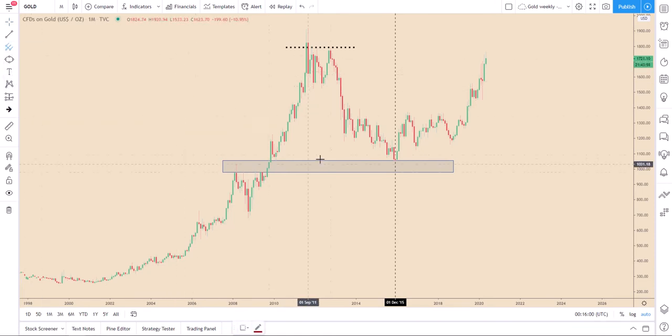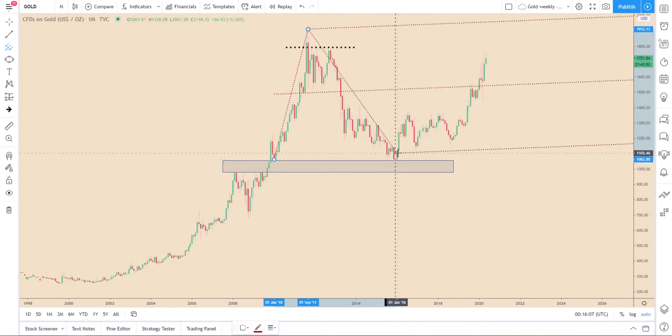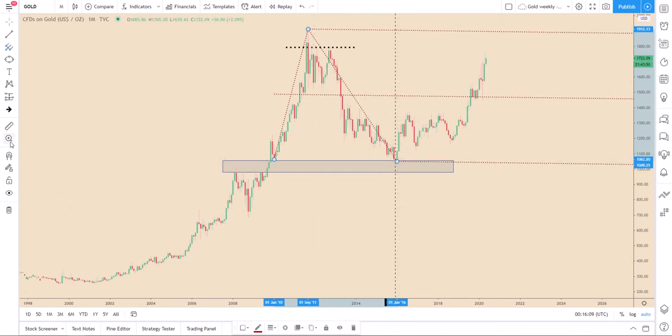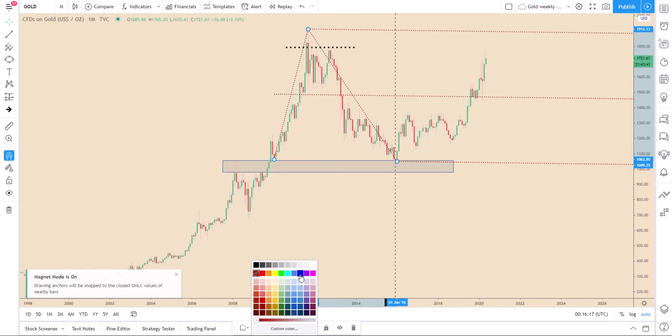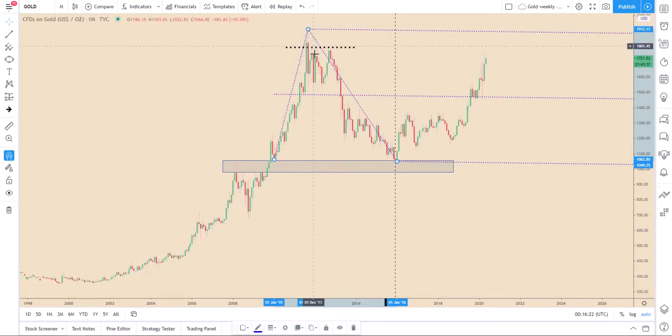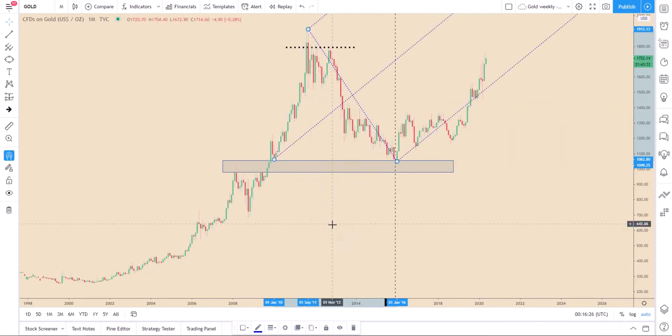And let's go back to our Andrews pitchfork. And so what we had drawn before, oh, I didn't turn my magnet on. Let me turn my magnet on. There's that. And we want our fork to be blue because we're doing a bullish move, upward sloping, and we want a regular Andrews pitchfork.